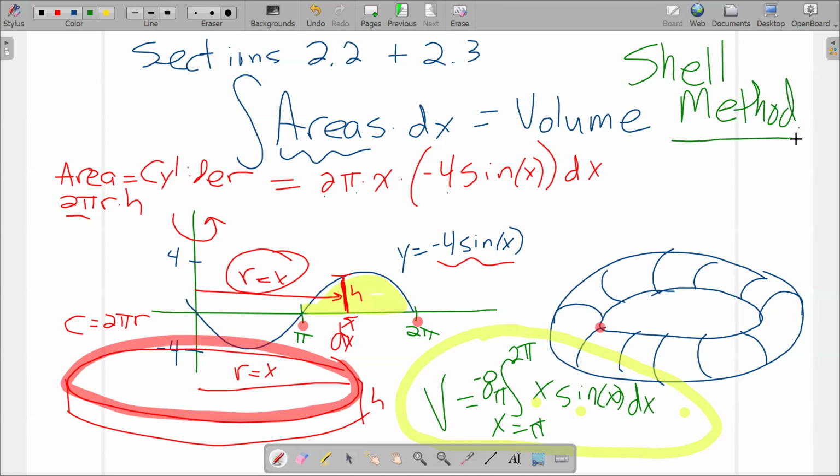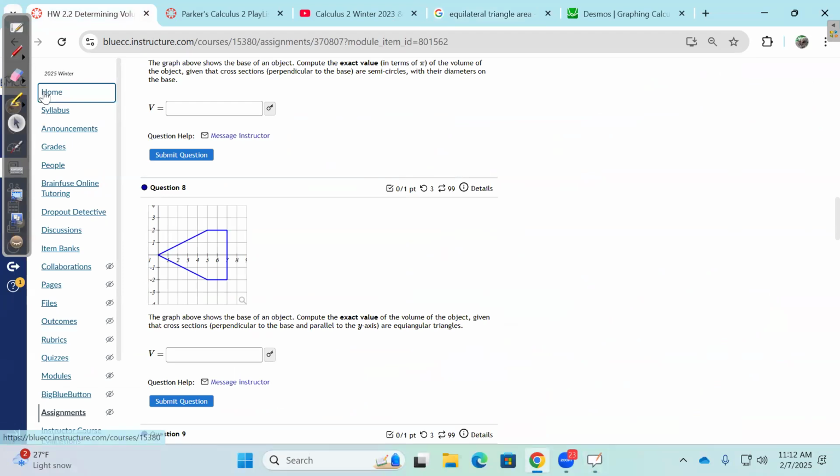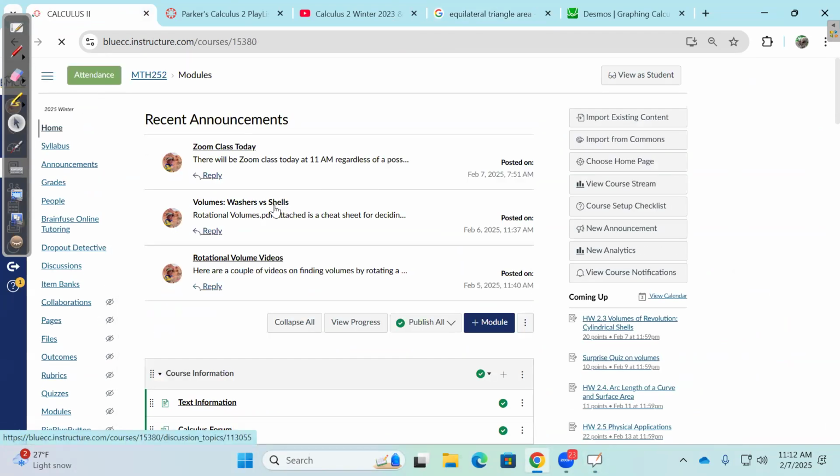And I had sent out an announcement with kind of a summary of how the different methods are related. So let's take a quick look at that. So this is a nice cheat sheet.